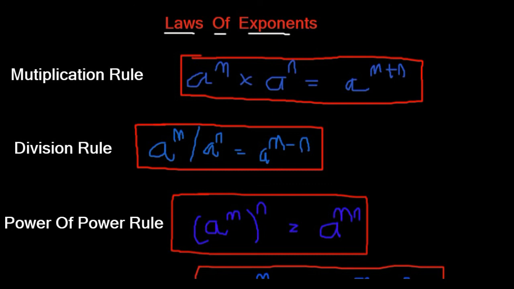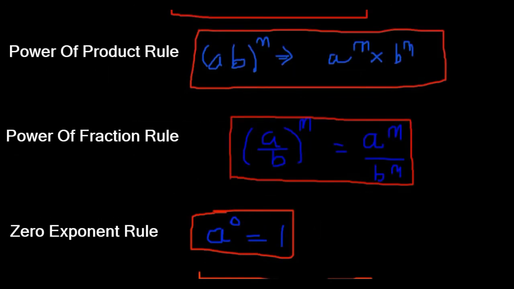So a power m whole power n gives us a power mn. The next one is power of product rule. ab whole power m can be written as a power m into b power m. The next one is power of fraction rule. So a by b the whole power m can be written as a power m by b power m.